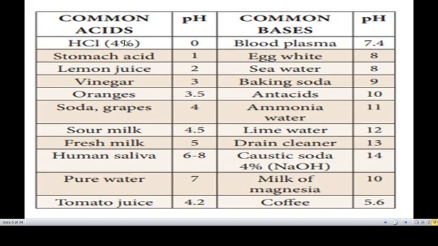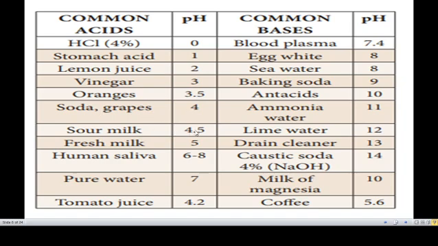Some common acids and their pH values: 4% HCl, pH value 0. Stomach acid 1. Lemon juice 2. Vinegar 3. Oranges 3.5. Soda grapes 4.